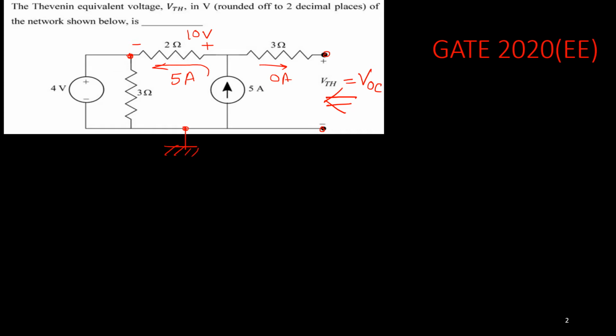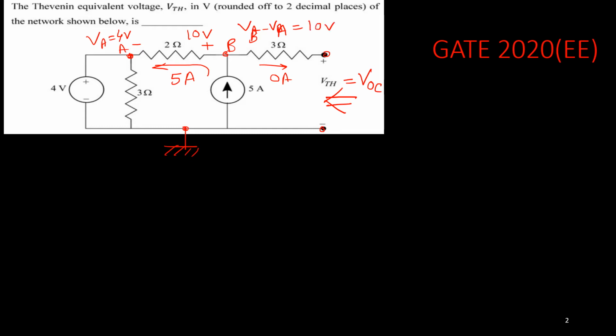So if I say this is node A and this is node B, then at A, VA equals 4 volt. This is minus, this is plus, VB is more, so it is better to write VB minus VA, and that difference is 10 volt.